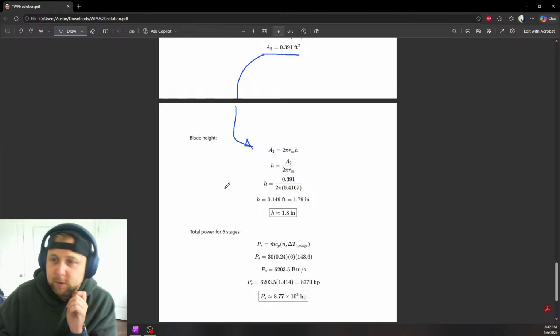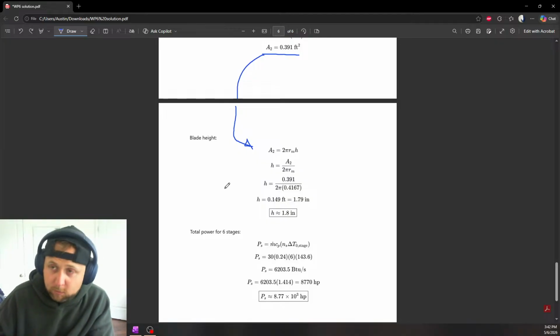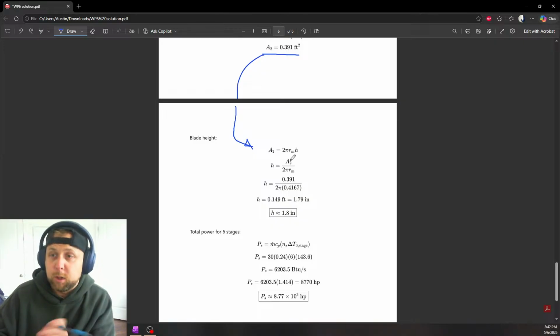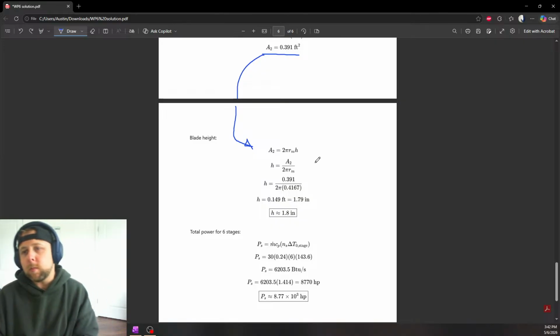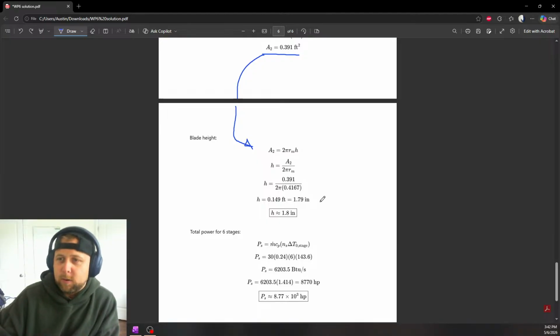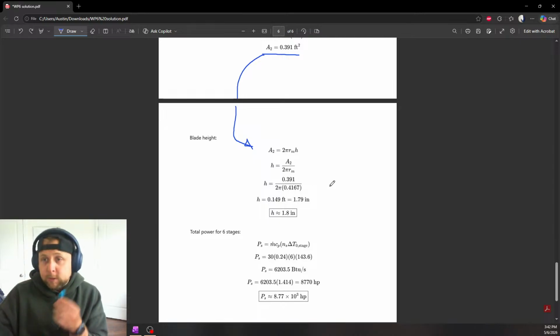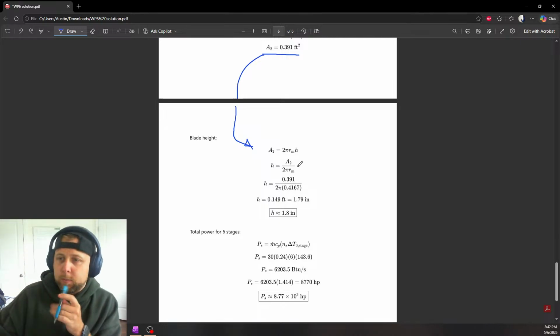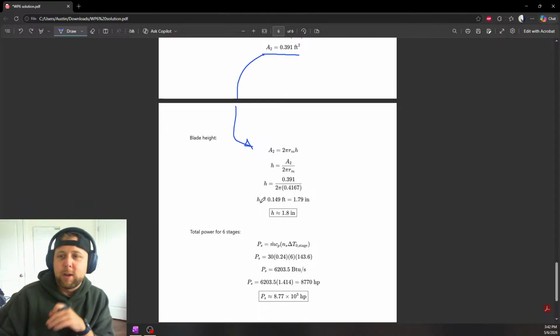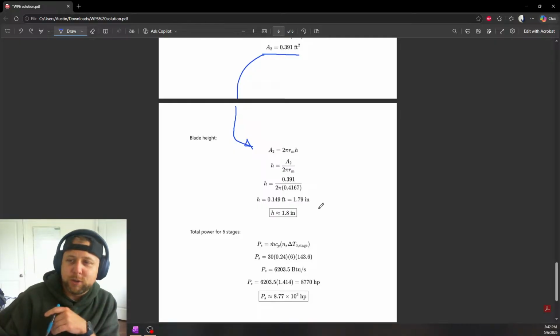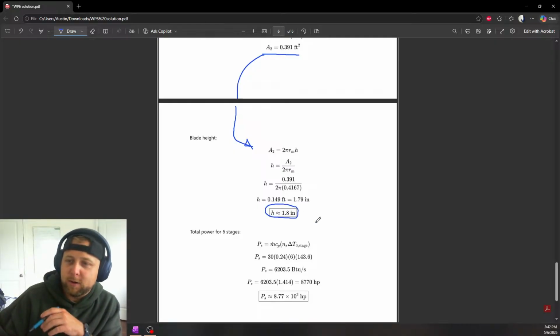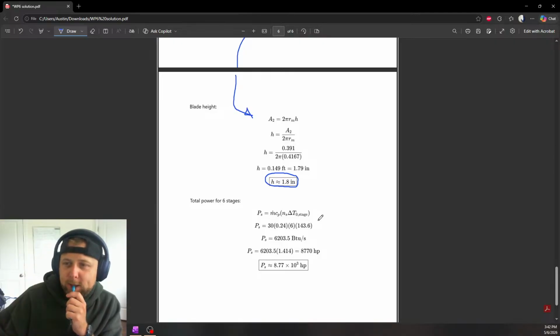I think this is a very special case for certain rotors or certain blades. I think this is for mean radius calculations, which is nice. Rearrange that. We get it in feet, turn it into inches. Boom, we have our blade height. I see why.